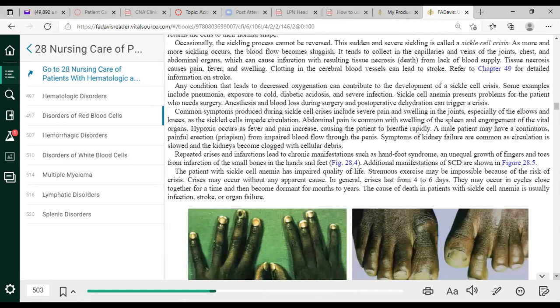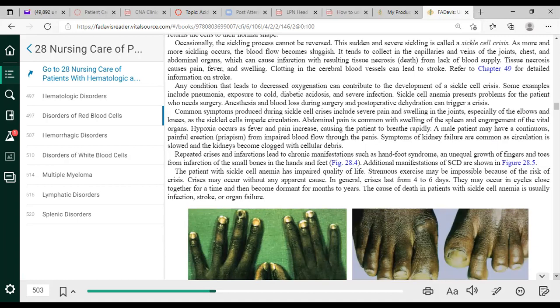And it talks about any condition that leads to decreased oxygenation can contribute to the development of a sickle cell crisis. Some of the things that can lead to decreased oxygenation can be respiratory diseases, maybe a clot.